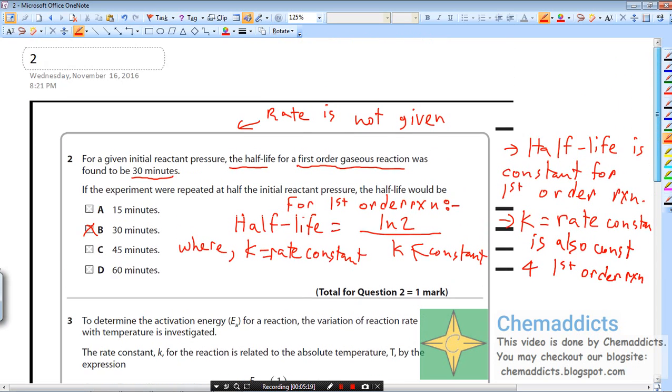So here are two things we need to know: half-life is constant for a first order reaction, and k is also constant for a first order reaction. So B is the answer.